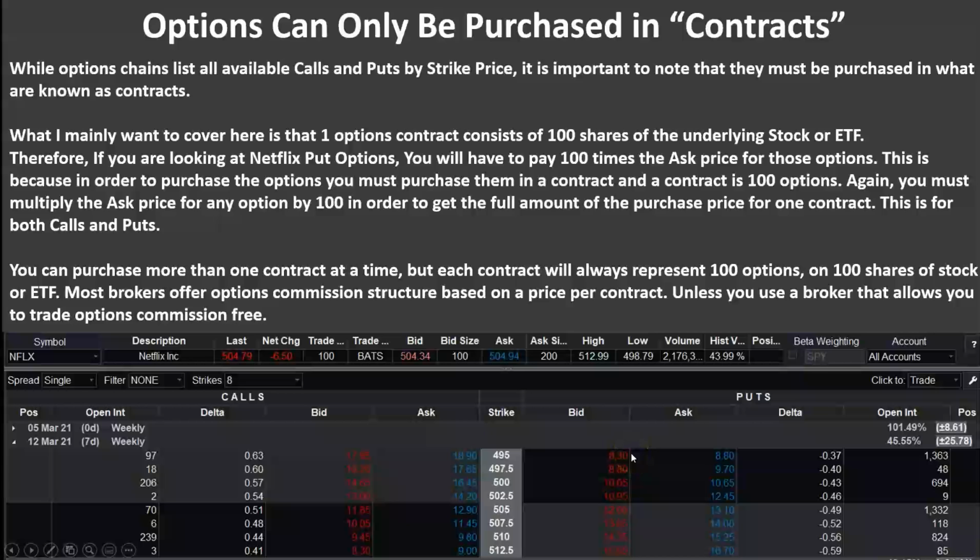And so it's really important to get the best executions while trading options, and trying to save 50 cents or $1 per contract is going to cost you a whole lot of money in the long run. That's the basis of it.